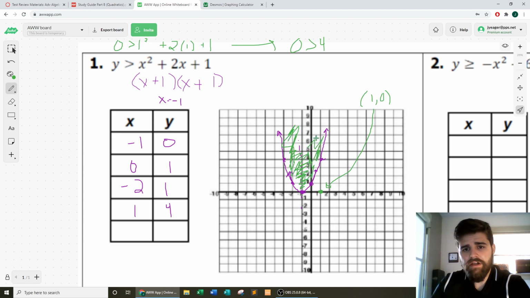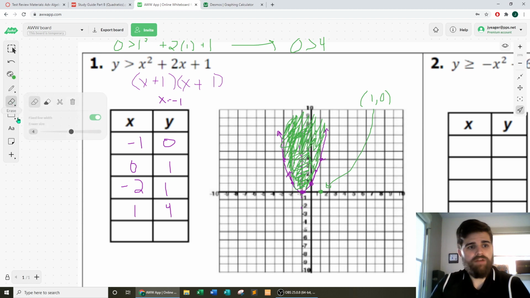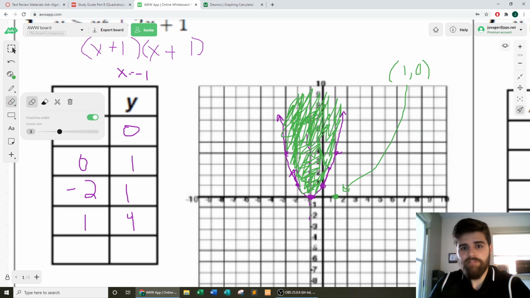Now there's one other detail which I've forgotten here. Remember when we're graphing inequalities, we either have a solid line or a dashed line. Here I've drawn a solid line, but that's incorrect. Notice I have y is greater than. So I'm going to go back and try to fix this with an eraser. It's probably not going to work very well, but I should have a dashed line here.